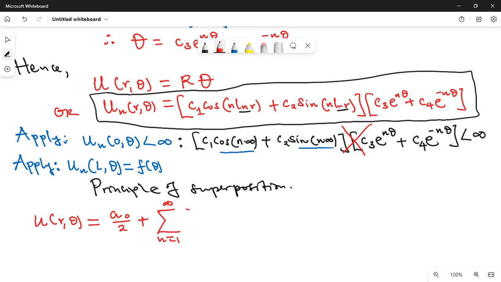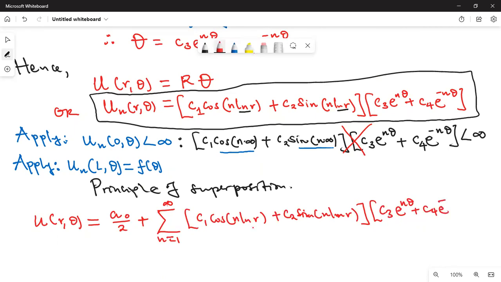That is C1 cos n ln r plus C2 sin n ln r, times C3 exponential n theta plus C4 exponential negative n theta.